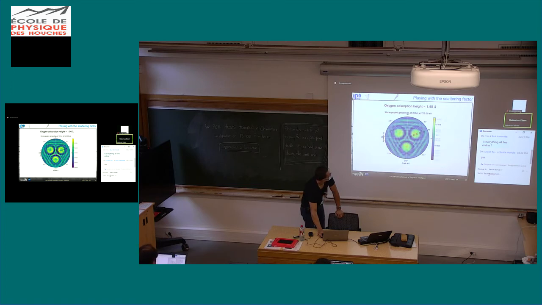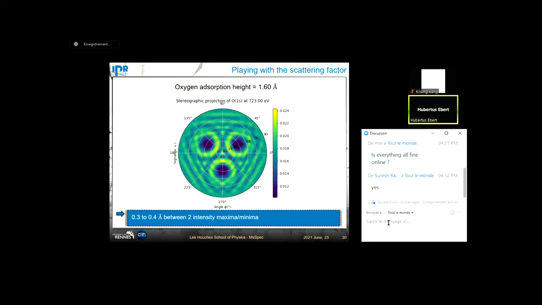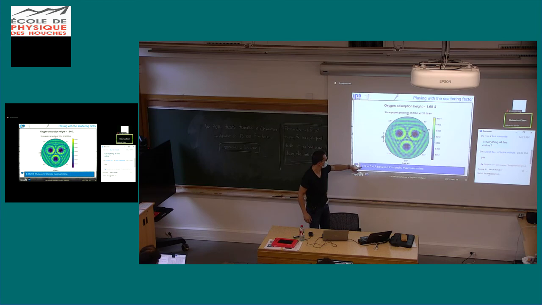So it means that, again, according to that data, a move from 0.3 to 0.4 angstrom of the oxygen atom is necessary between 2 intensity minima or 2 intensity maxima. Okay?